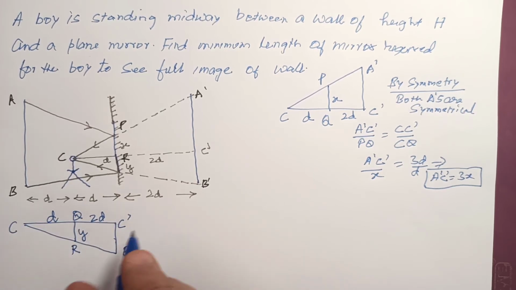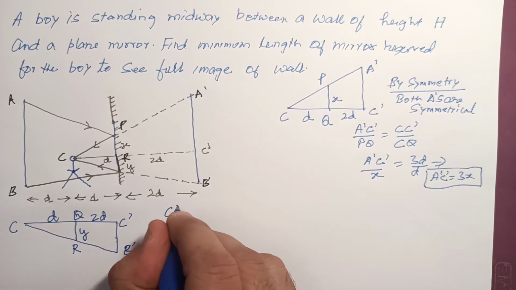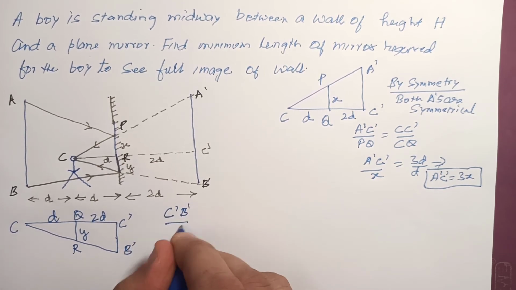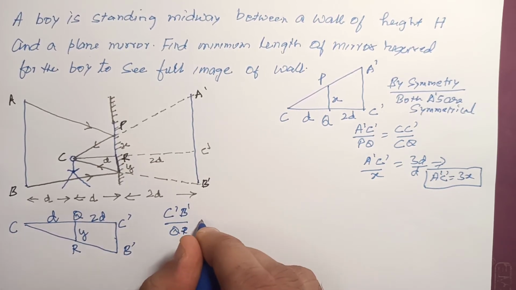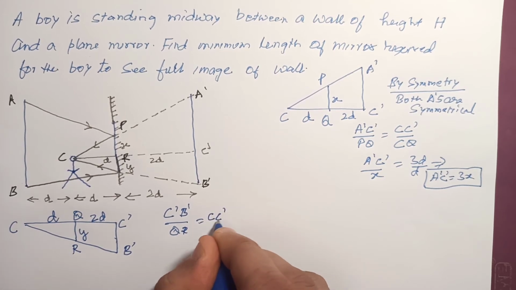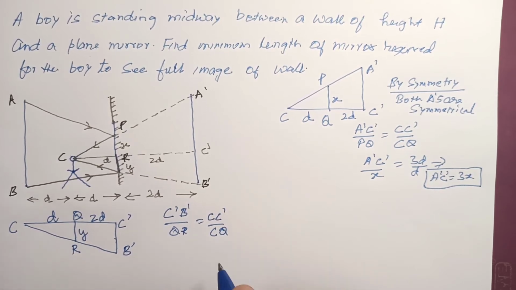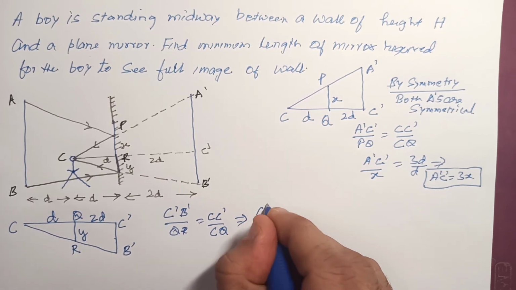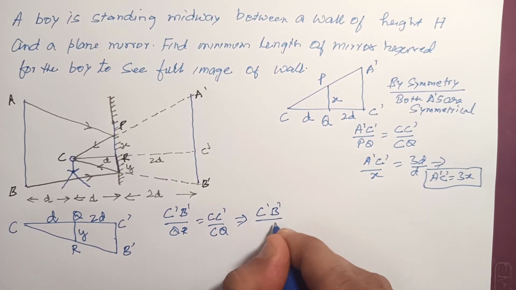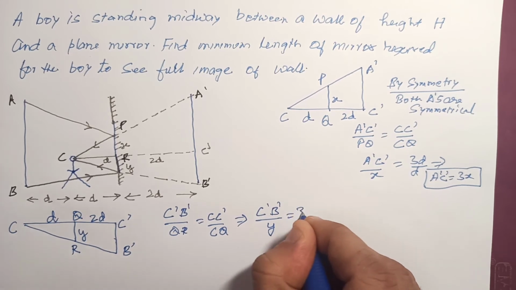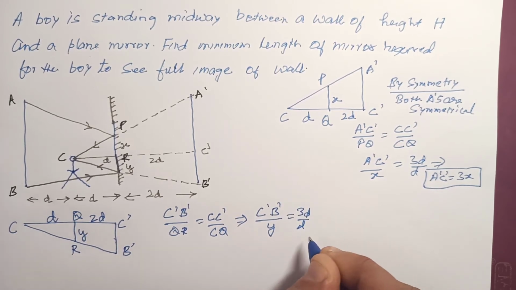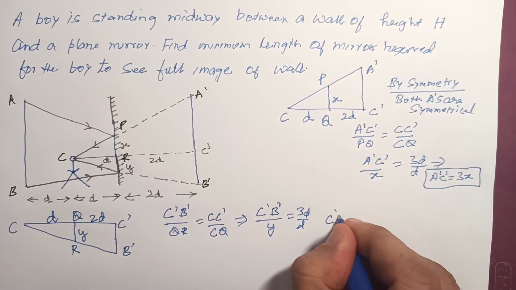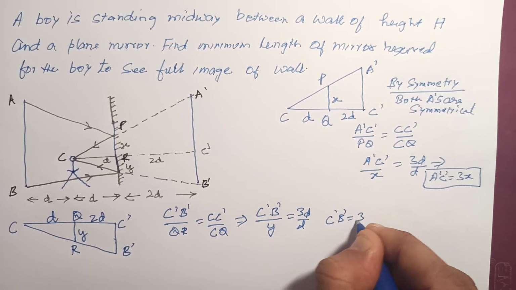So we can say C dash B dash by QR is equal to CC dash by CQ, or C dash B dash by Y is equal to 3D by D, or C dash B dash is equal to 3Y.